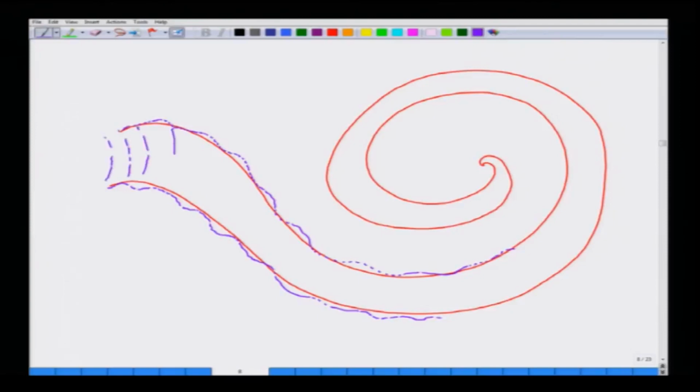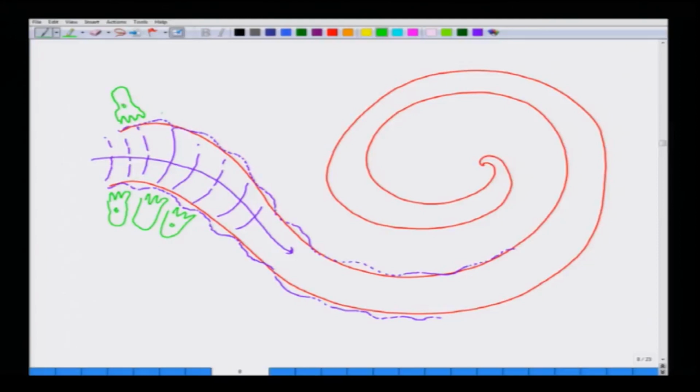So, this is the sound wave which I am drawing now, and here is the direction where it is moving, and under this membrane you have these cells which are sitting, which are connected to the nerve. On both sides, you have to realize that this is a three-dimensional structure. I am just drawing it in two dimensions.